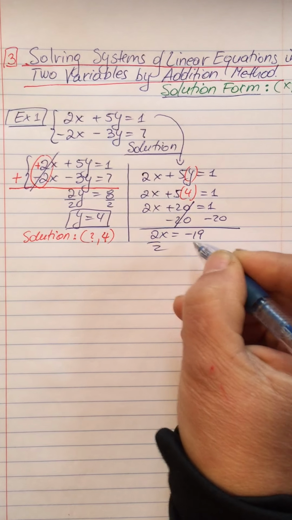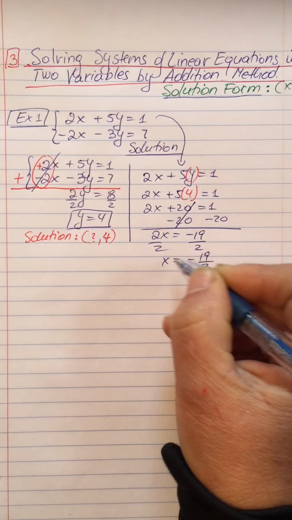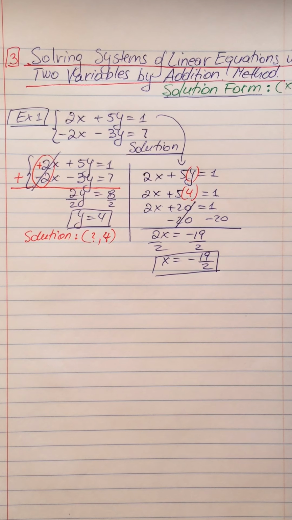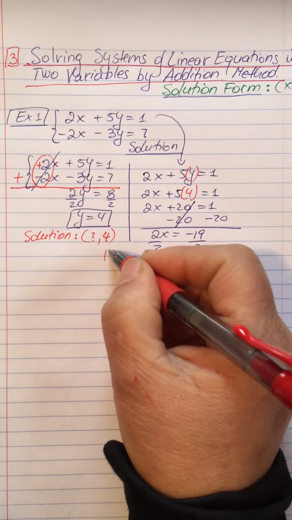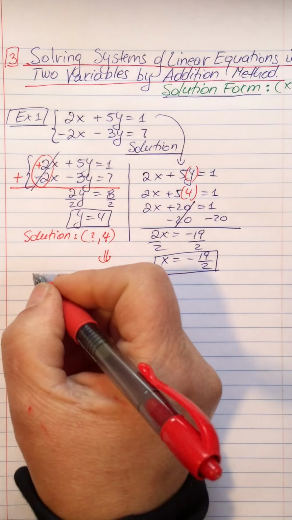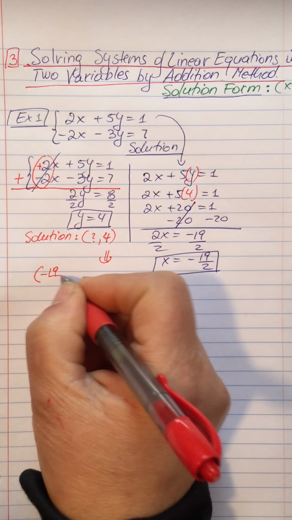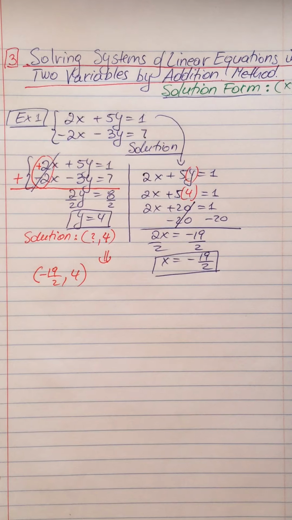And dividing by 2, x becomes negative 19 over 2. Okay? Therefore, the solution is negative 19 over 2, and the value of y is 4.